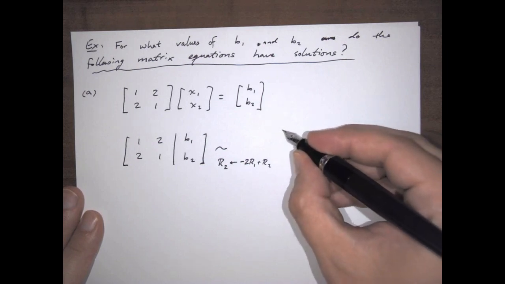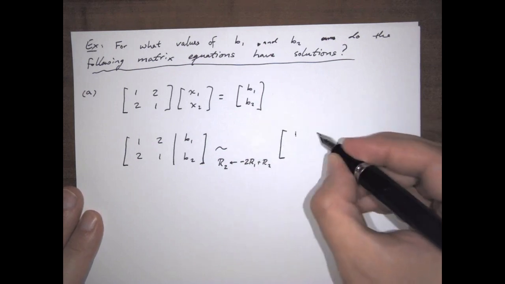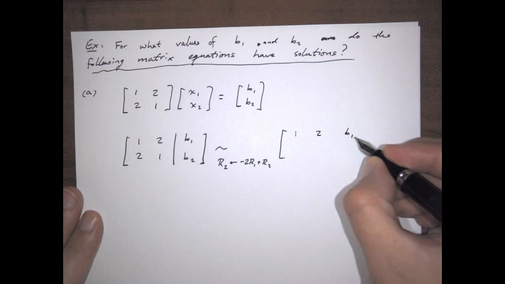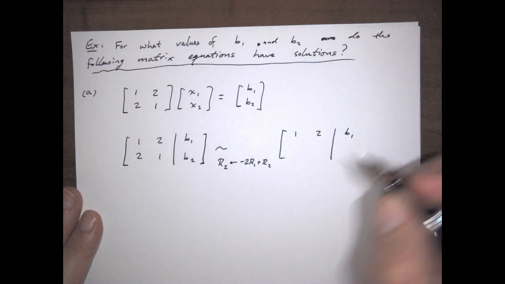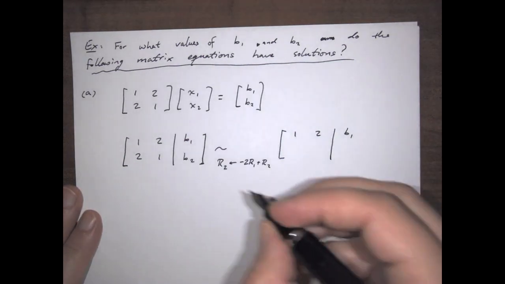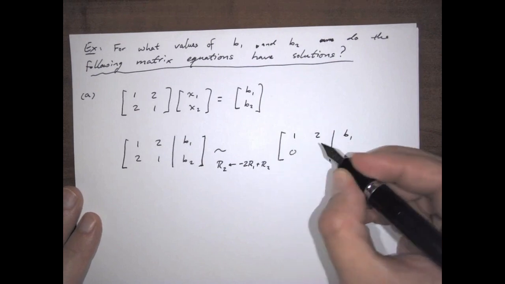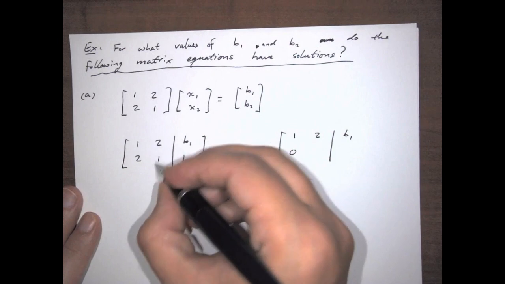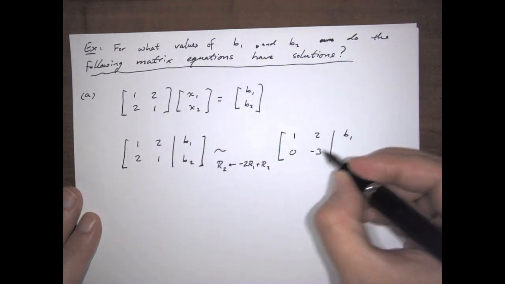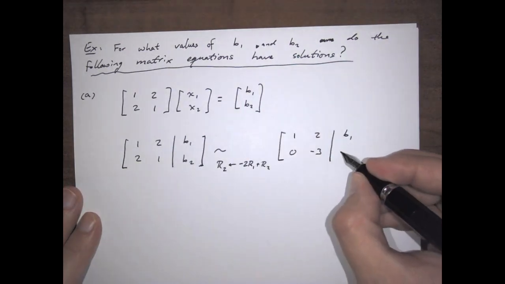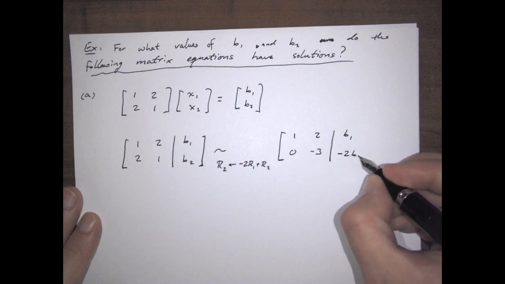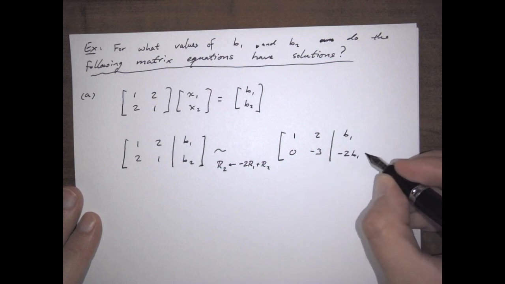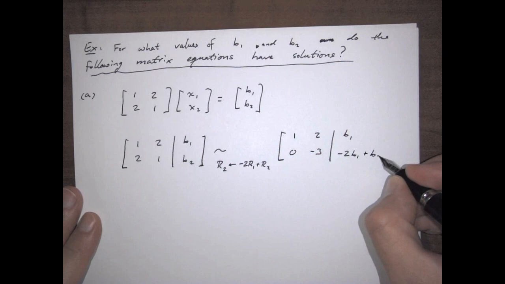And that's going to give us 1, 2, b1. The first row is not being changed here, it's being used. And then we're going to have a 0, we're going to have -4 plus 1, so it's going to make a -3. And then we're going to have a -2 b1 plus b2.